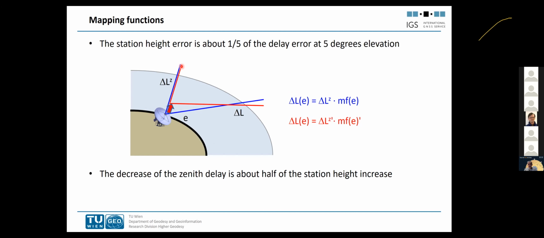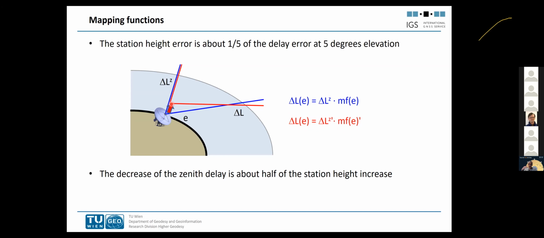But now if we assume that our mapping function is wrong, our mapping function is too large. If our mapping function is too large, the observed tropospheric delay stays the same. This means that the zenith delay decreases, and consequently the station height goes up.